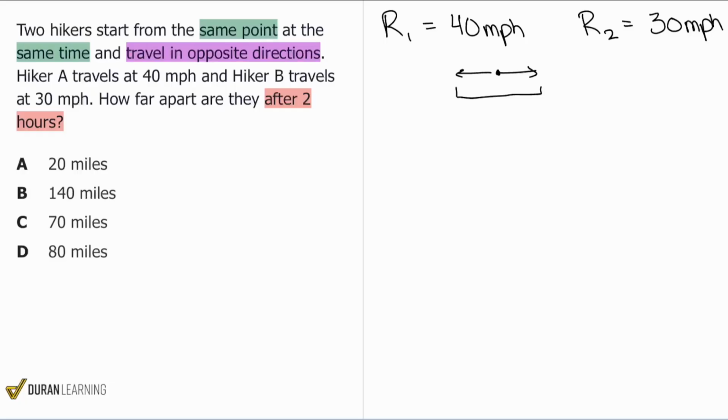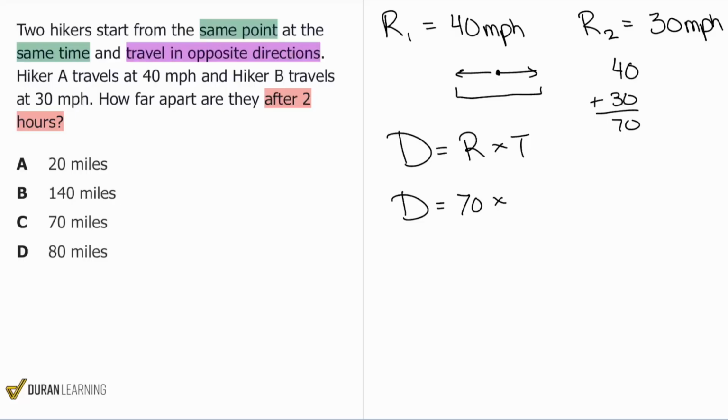Our formula is distance equals rate times time, and we can be consistent here because the collective distance is going to be equal to the collective rate, which is 40 plus 30, right there. And then the time that they're traveling collectively is 2 hours.